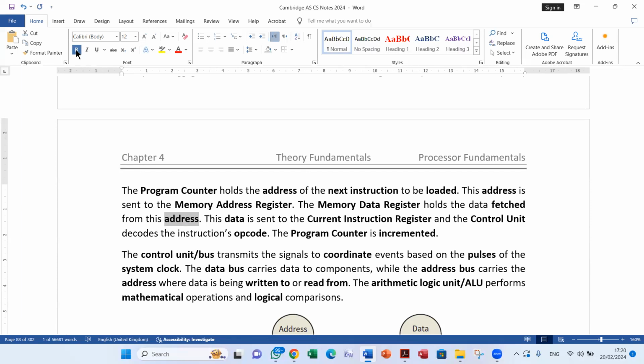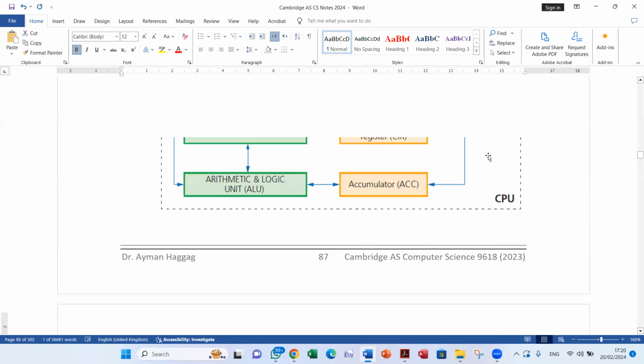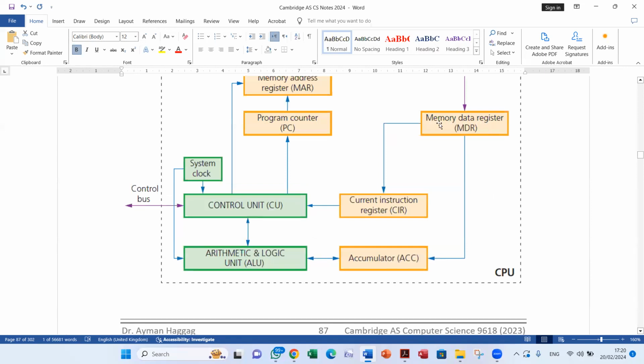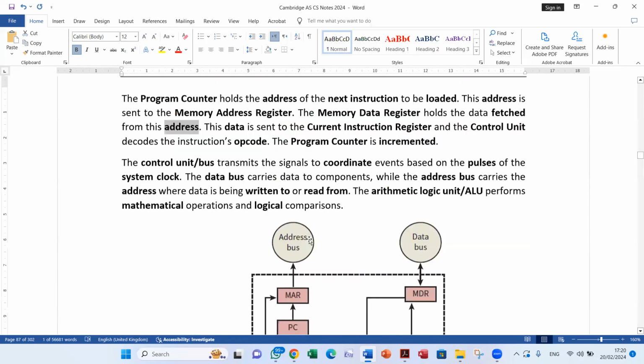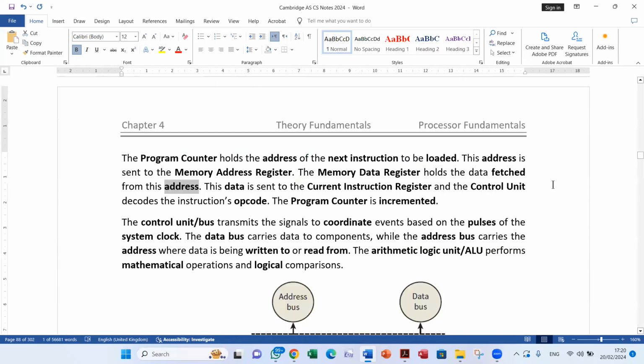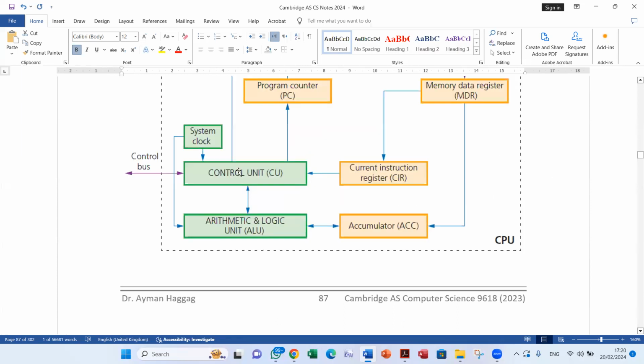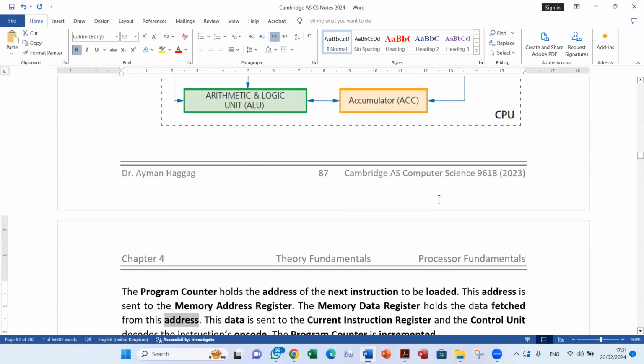Okay? The data is sent to the current instruction register. The instruction comes from the memory data register and goes to the current instruction register. And when the instruction goes to the current instruction register, it is already inside or very close to the control unit, CU.